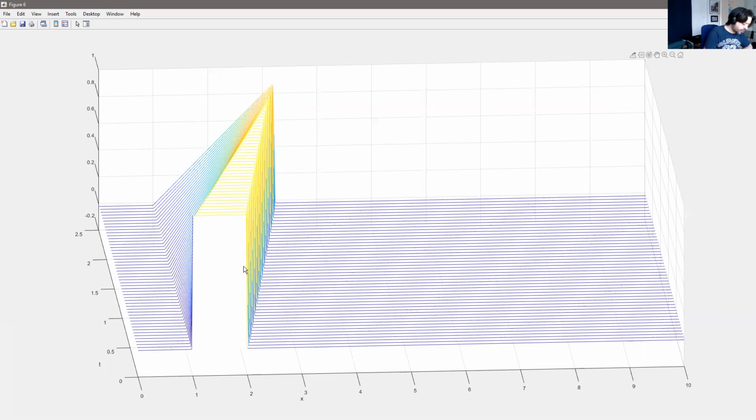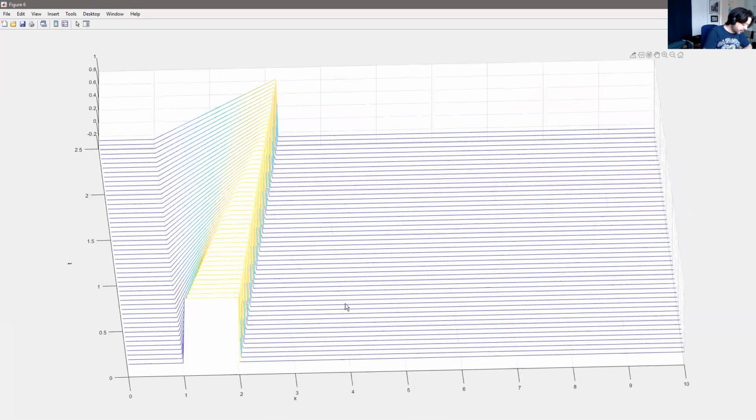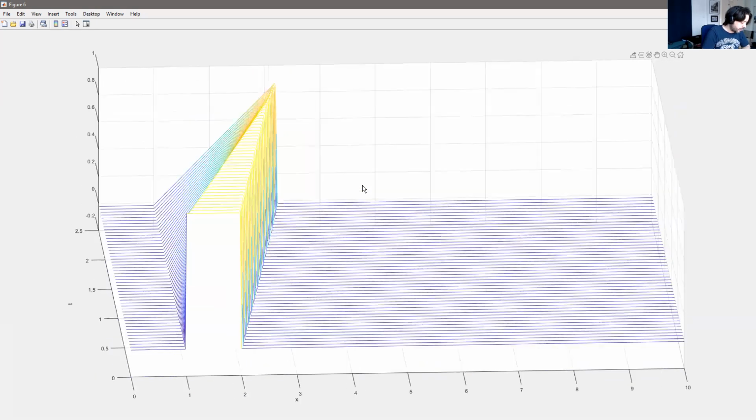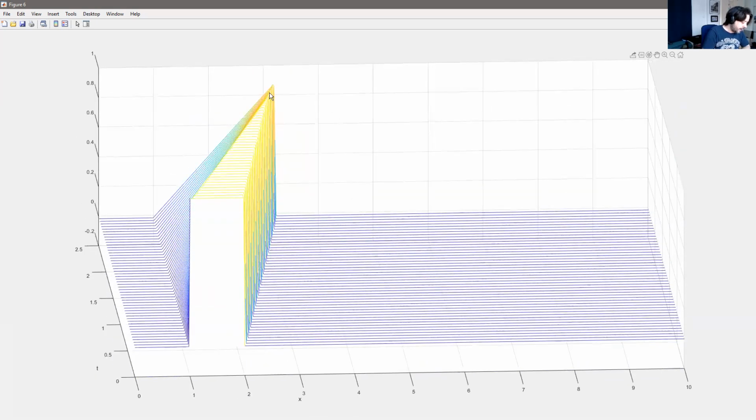Whereas I have also a shock here on the right, which travels with the Rankine-Hugoniot condition also to the right with a speed of 1/2, something like that. And then at some point, the expansion fan hits the shock, and then the shock speed slowly changes.